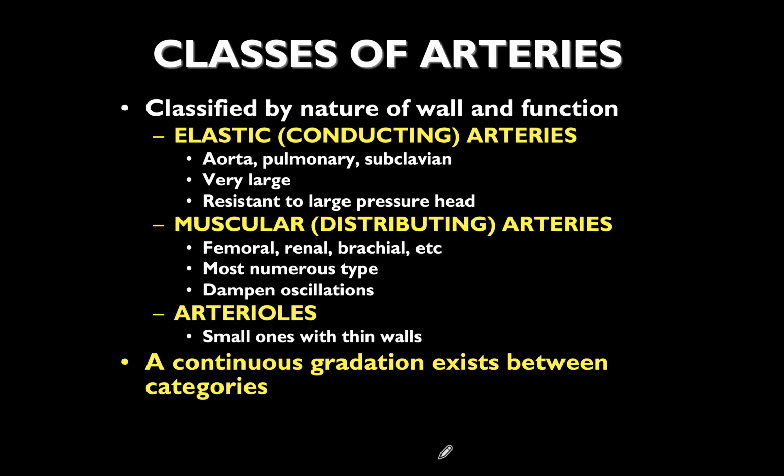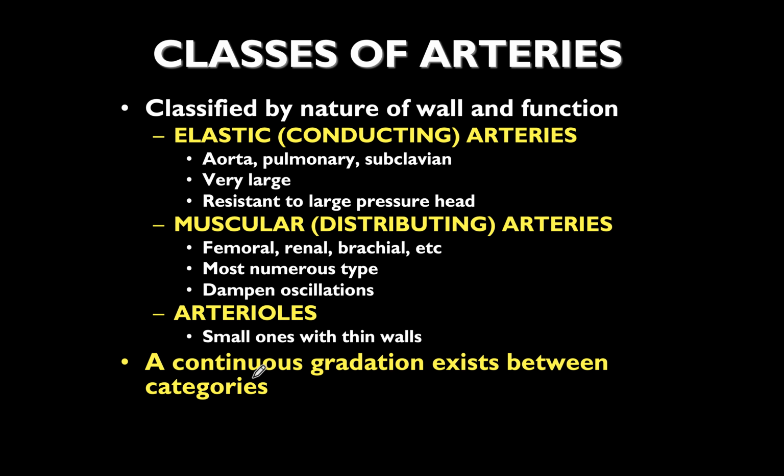The second type is the muscular artery, the distributing arteries, like femoral, renal, brachial, and axillary. Subclavian is part of the elastic type. They are the most numerous. And the small arteries are called arterioles, which consist of thin walls.